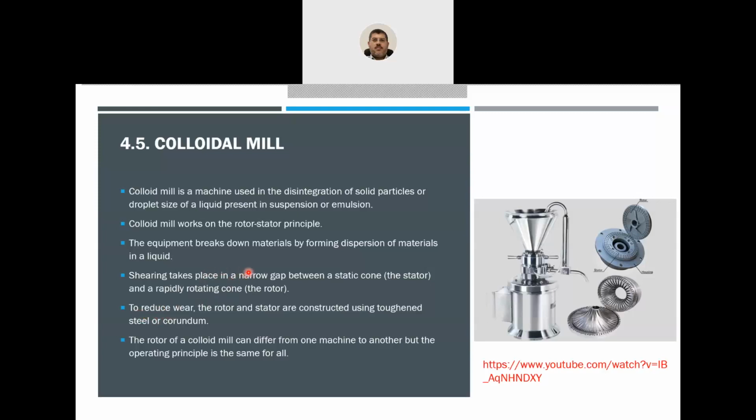Of course there will be friction, and this may cause wear, so these parts with time will depreciate. To reduce this, the rotor and stator are made from toughened steel or corundum, so they have high resistance to abrasion.